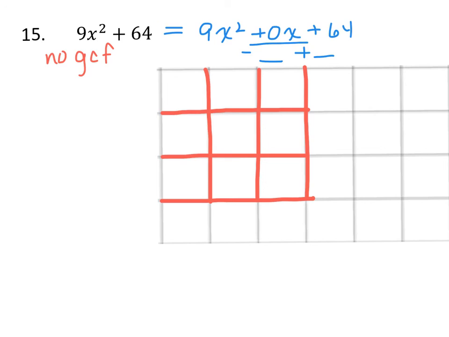So we'll start with 9x squared plus 64. And the product of that is going to be rather large. But our process still works.